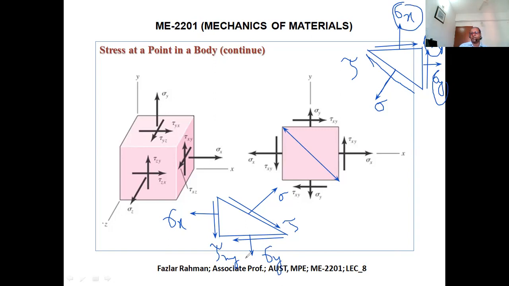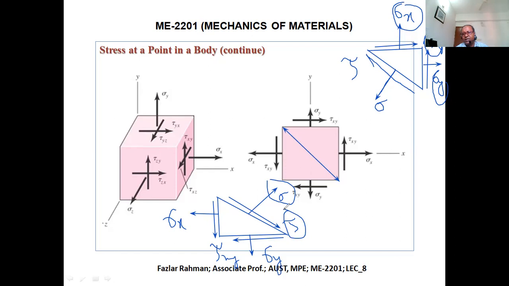So sigma x, sigma y, tau xy is the external load. I applied it. But what about this sigma and tau? This sigma and tau, you cannot see from outside because these are the internal load.